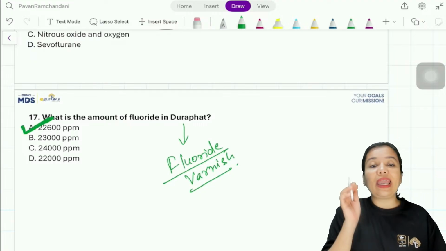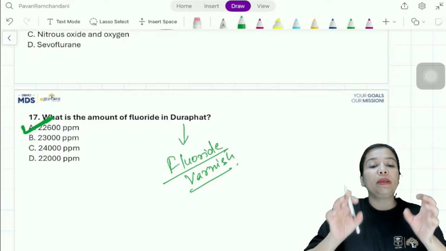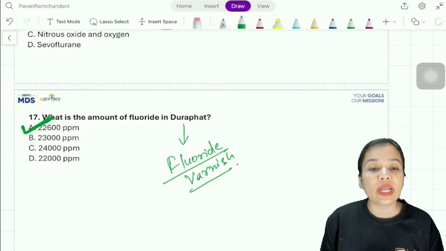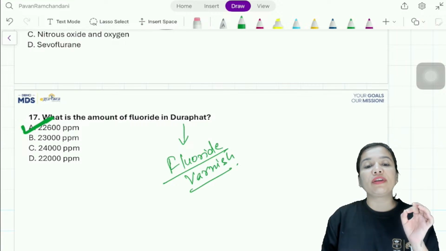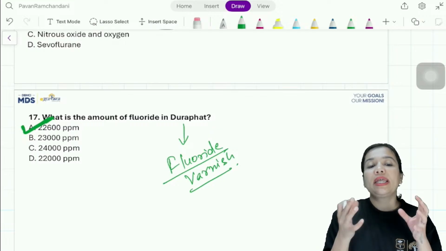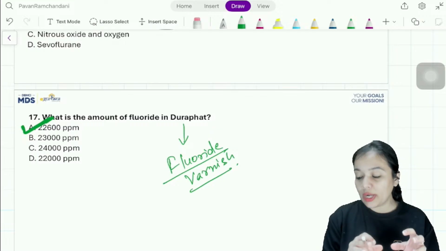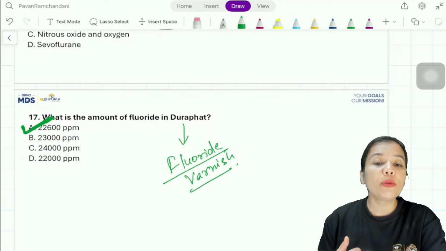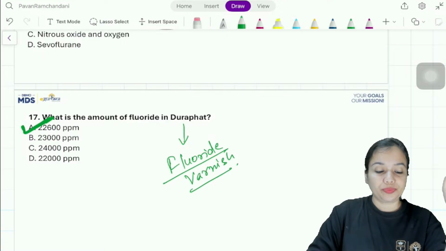The answer is A, 22,600 ppm. So Duraphat contains 22,600 parts per million of fluoride. This high concentration is significantly greater than that found in over-the-counter fluoride toothpaste, and that is why this can be used for patients who are more prone to caries.